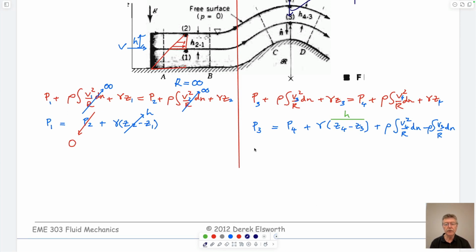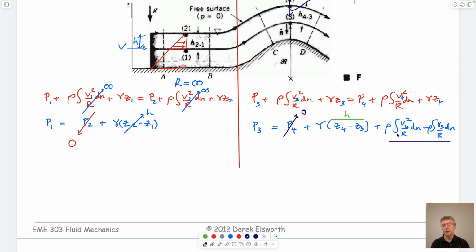And so we can rewrite this as, well, I'm not going to rewrite the whole thing. The only term that we're going to have to worry about, which is different from before, is this one. These are exactly the same as before. This will be atmospheric pressure because it's on a free surface sitting up here. And so we have to figure out exactly what this is.